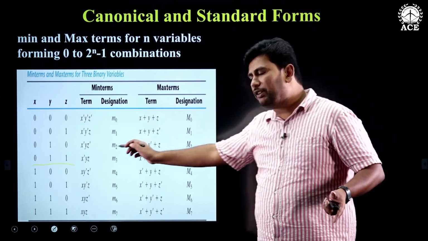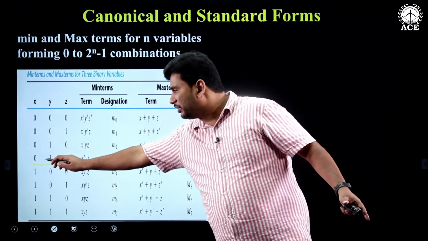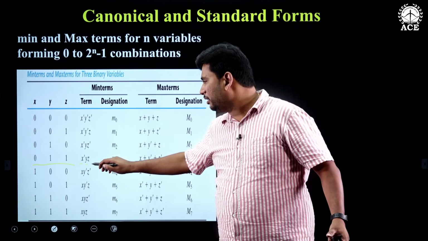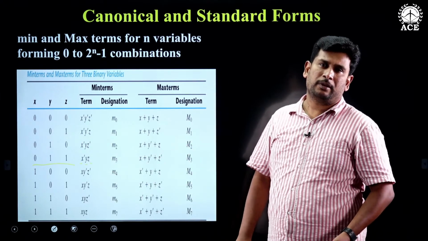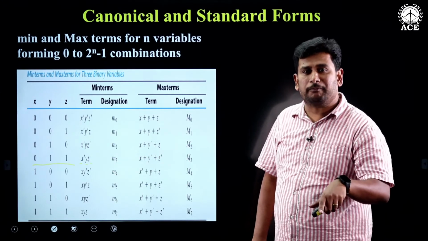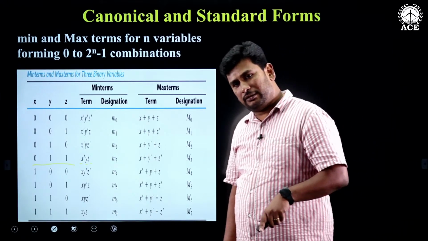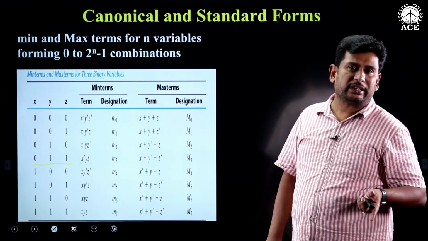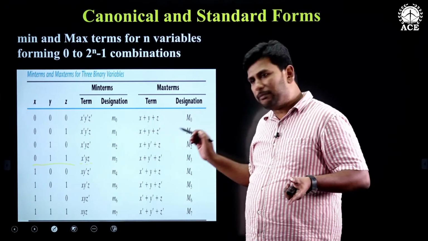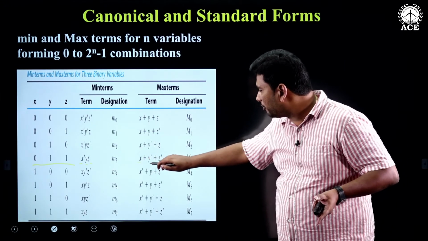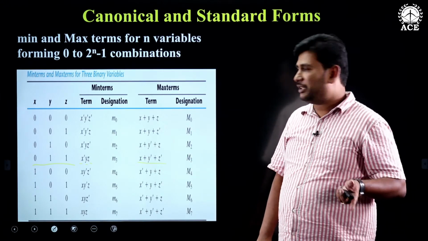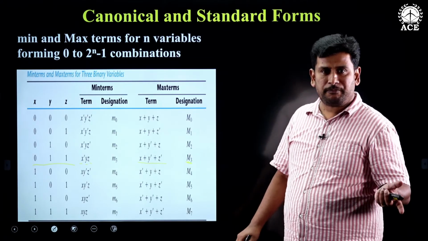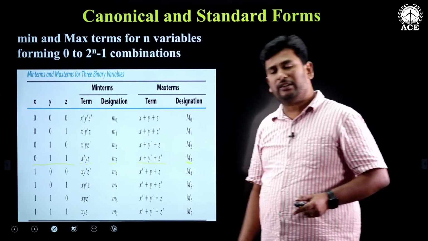So minimum term 0, 1, 1 is x equal to 0, x complement, y equal to 1, y, and z equal to 1, z. But in terms of maximum, 0 is indicated with normal and a complement variable is indicated with 1. So 0, 1, 1 becomes x OR y complement OR z complement. Maximum terms are indicated with capital M, minimum terms with small m.